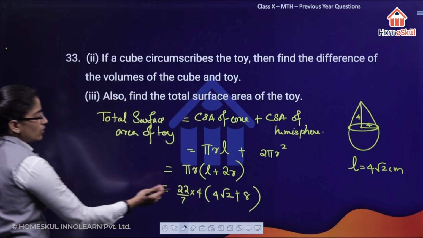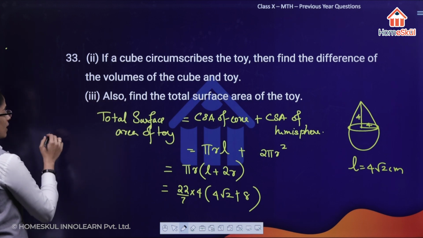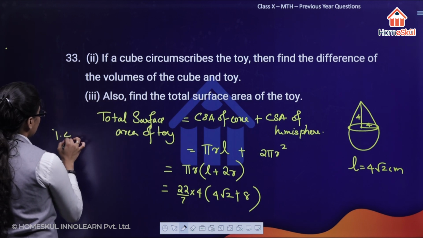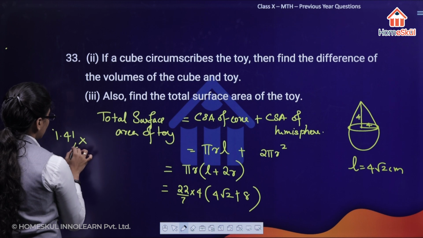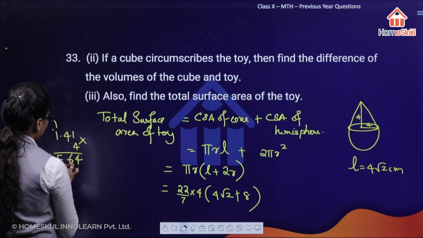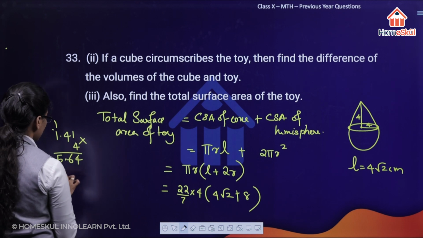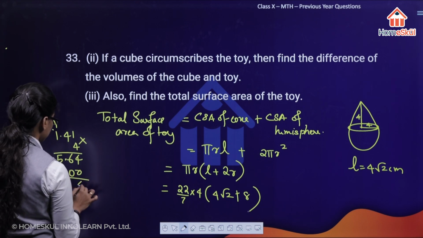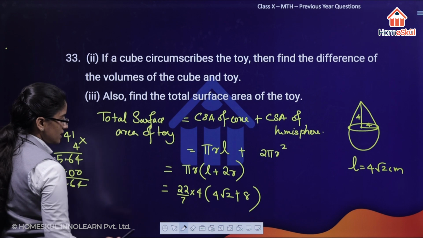We need to multiply. So, 4 times root 2 is 1.41 into 4, which will be 5.64, plus 8, which is equal to 13.64.